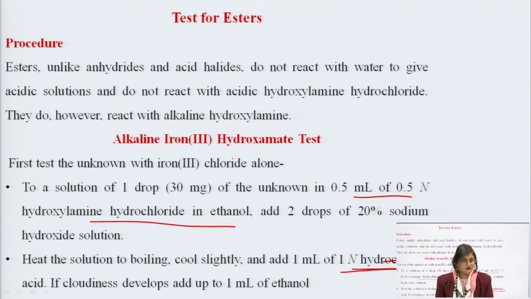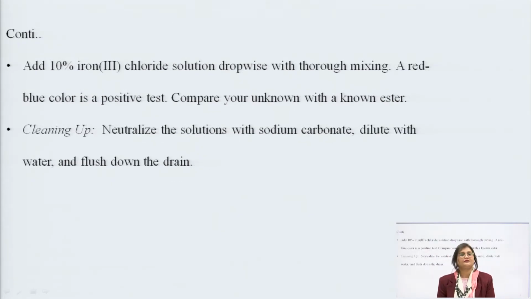If cloudiness forms, then 1 ml of ethanol can be added to it. The next step is addition of 10% iron chloride solution dropwise with thorough mixing. The color change observed here is red blue color formation. This reddish blue color formation indicates a positive test. This we can compare with a known ester.